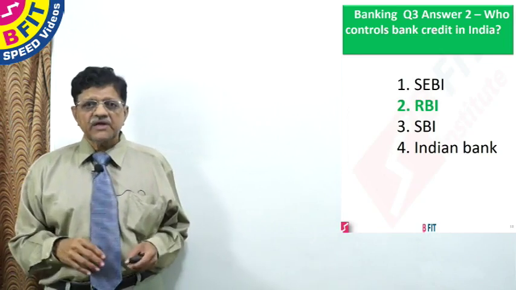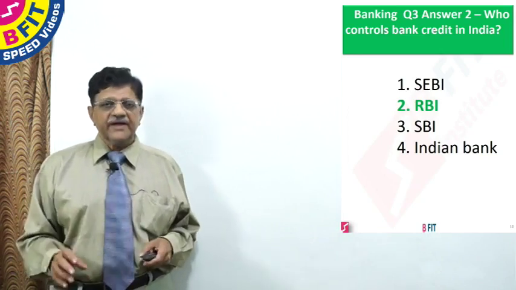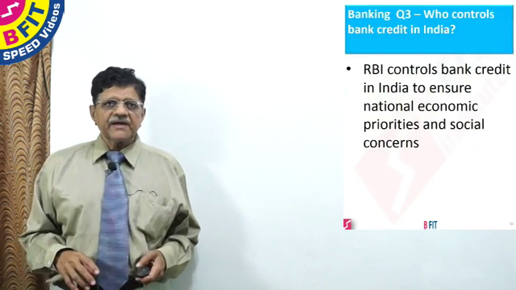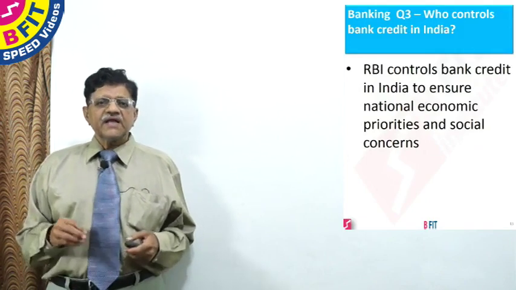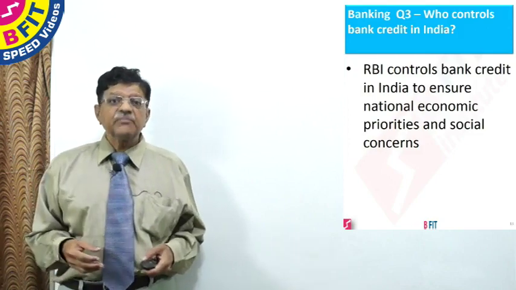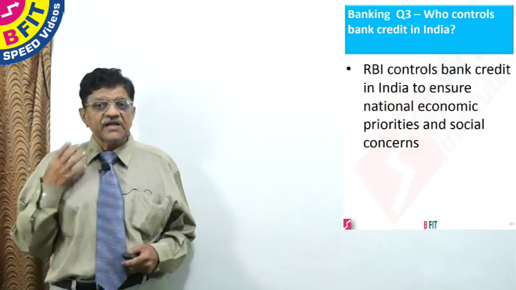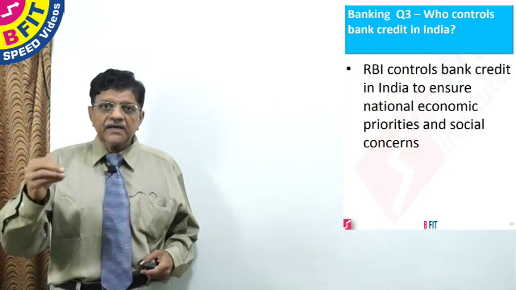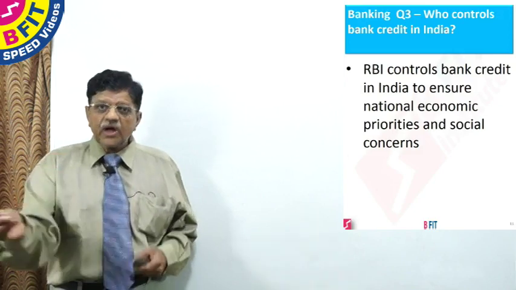All these things are being controlled by Reserve Bank of India. RBI controls bank credit in India to ensure national economic priorities and social concerns. That is why we have got something called a priority sector, which ensures nearly 40% of the total credit goes to the poor and middle class people and small people.